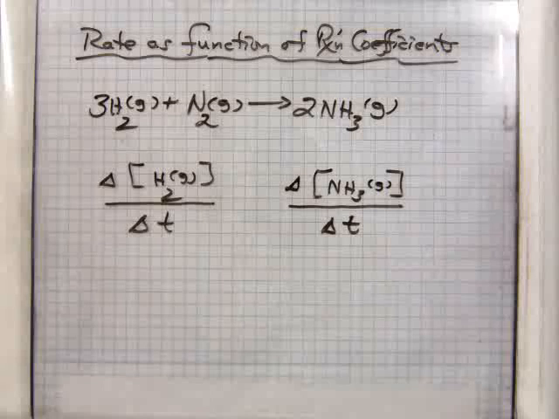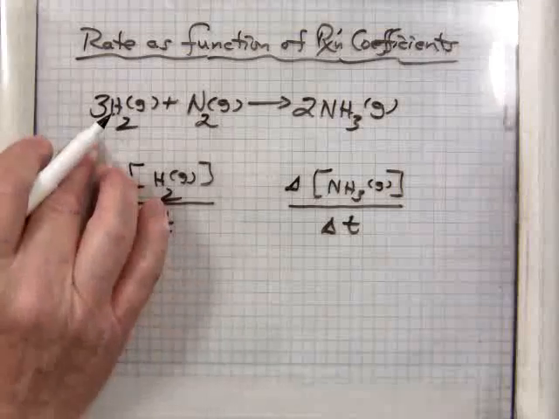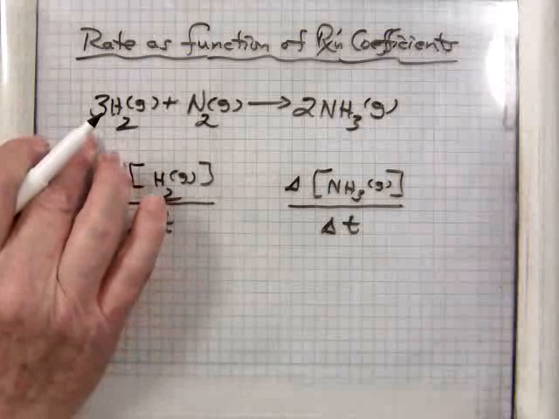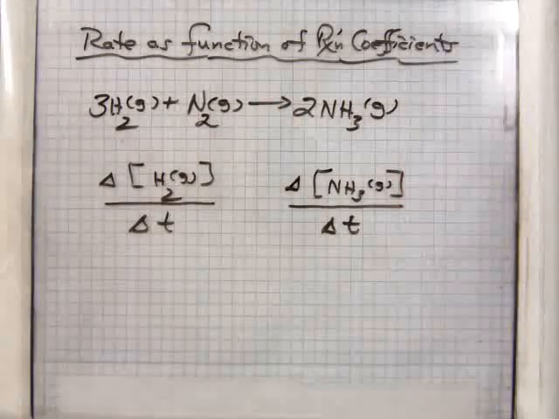Now, the one with the largest coefficient is doing whatever it's doing the fastest. Does that make sense? In other words, this one's going to form 3 moles at the same time this one forms 2 moles. So it's doing whatever it's doing faster because it has a bigger coefficient.